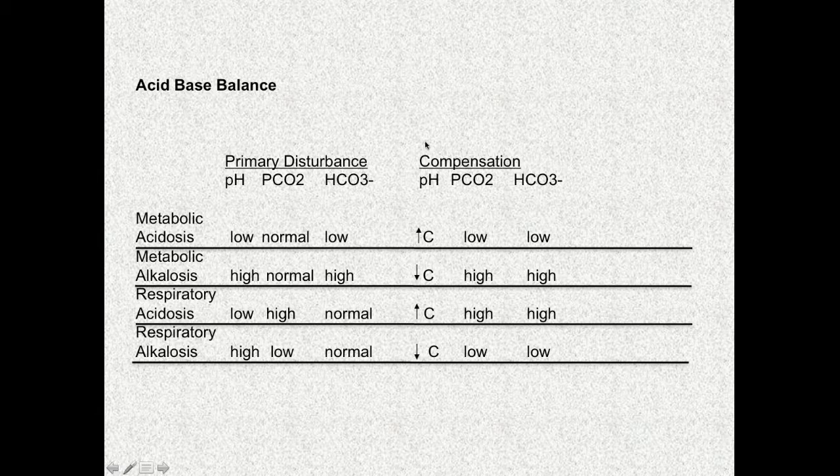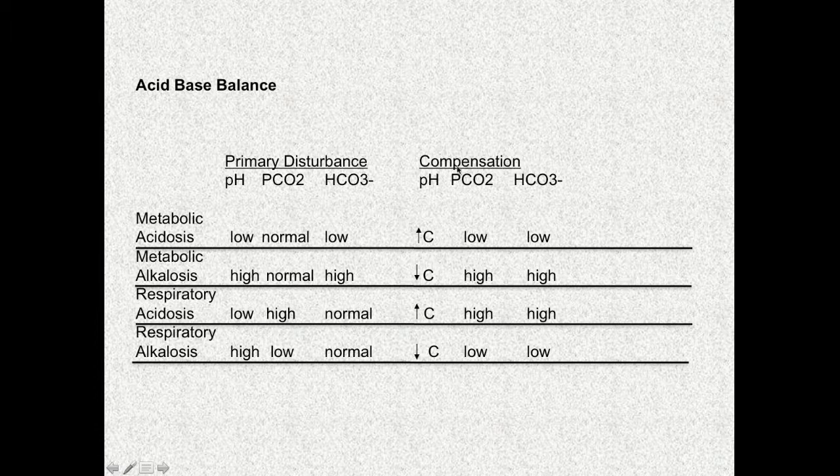So if the only information you got was the compensated numbers, what this would look like is you would get a patient with a pH that's acidotic. The PCO2 would look low, and the HCO3 would look low. Okay.